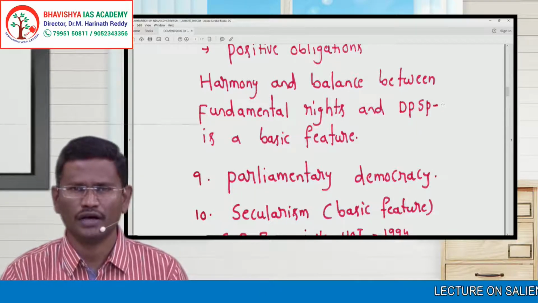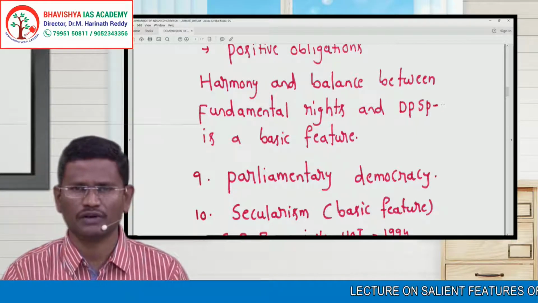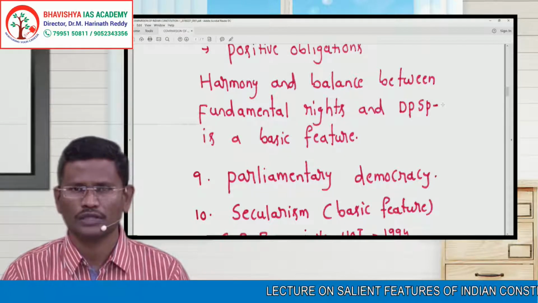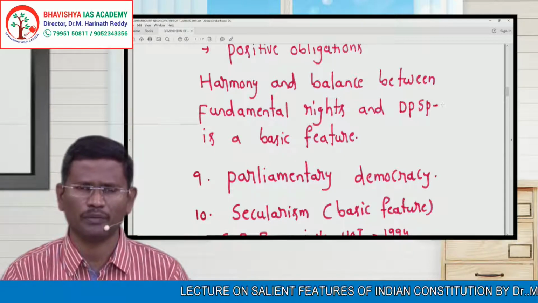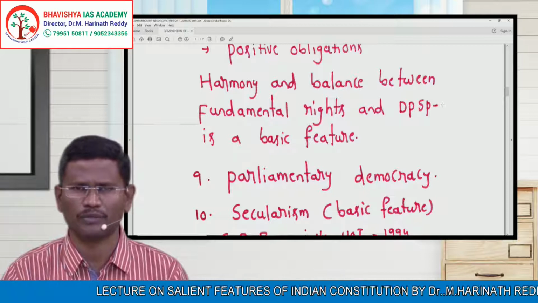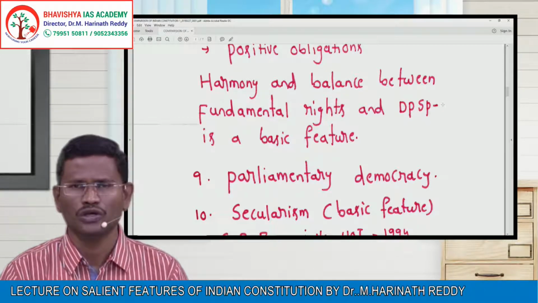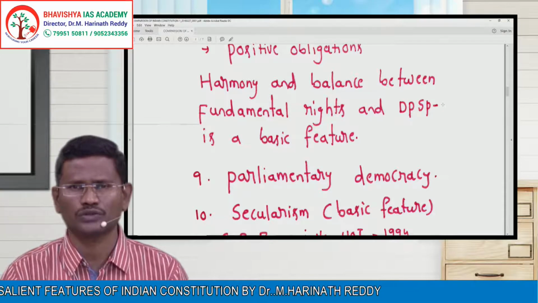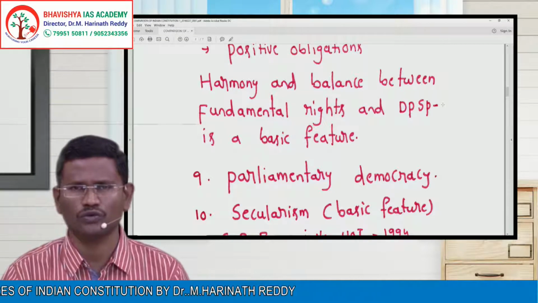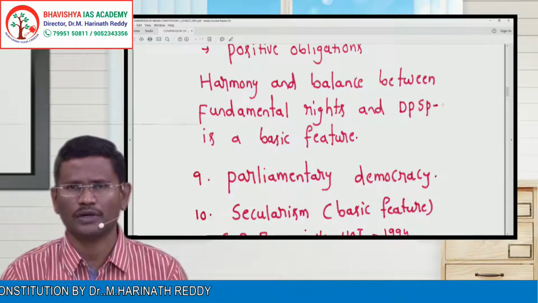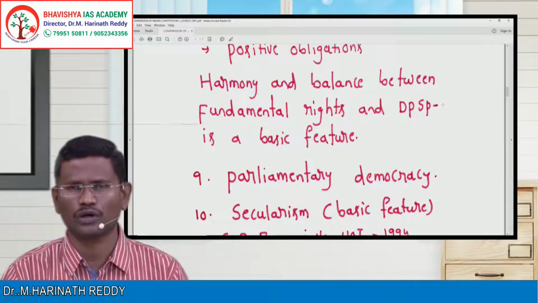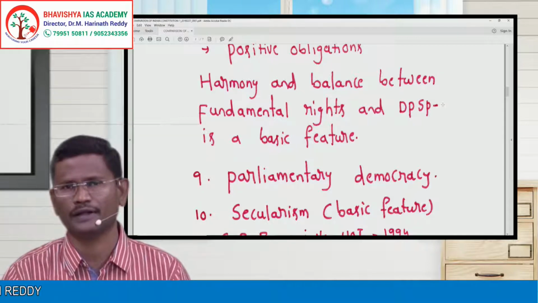So when India, before independence, was under British rule, the Britishers introduced parliamentary democracy and parliamentary institutions in India. So the Indians got used to parliamentary democracy, and so we went in for parliamentary democracy under the new constitution for independent India.